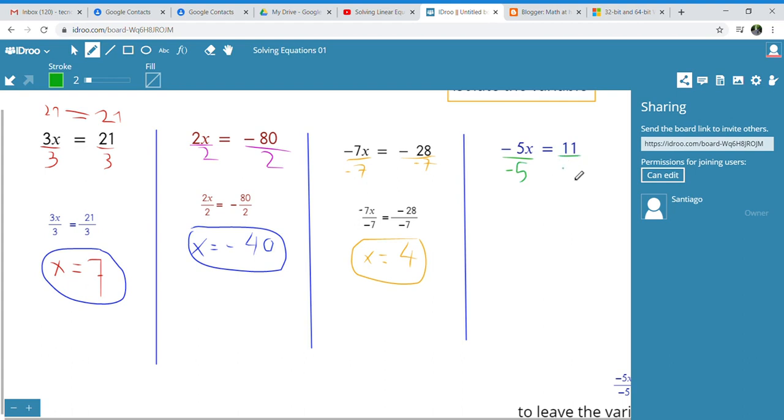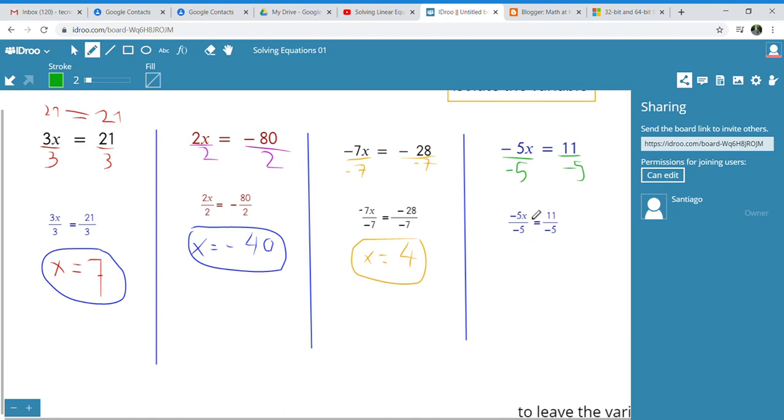So you divide both members of the equation by minus 5. Why both members? Because we want to have equivalent equations. Now, when you do that, you get something like this: minus 5x divided by minus 5 equals 11 divided by minus 5.